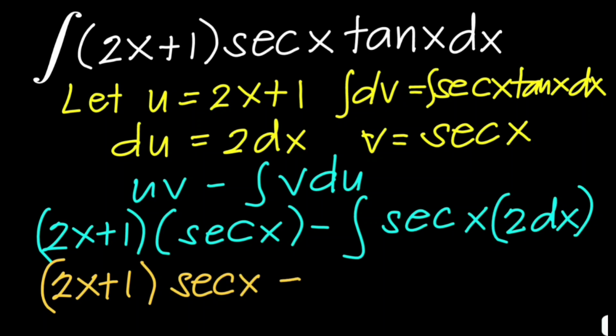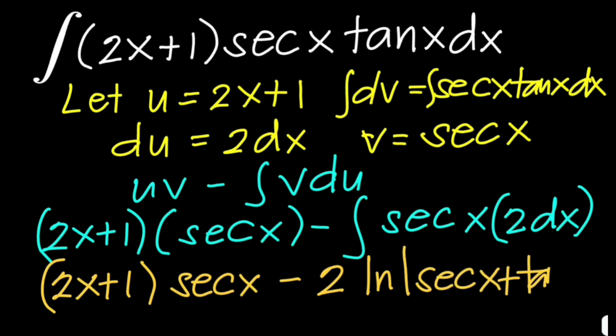minus, all right, we factor out 2. We put 2 outside of this one since it is a constant. Then the integral of secant x dx is just ln of secant x plus tangent x, then plus c.